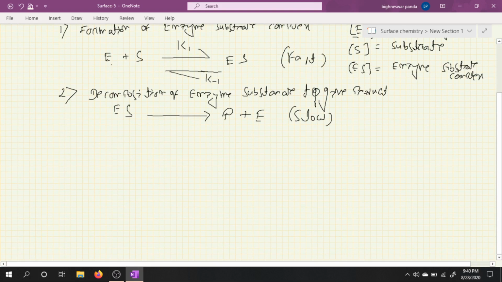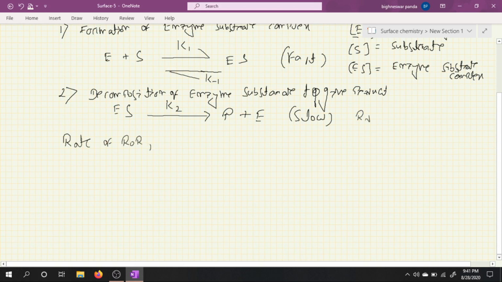So in the first step, enzyme reacts with the substrate to form enzyme substrate complex, and in the second step the enzyme substrate complex undergoes decomposition to form product and enzyme. The slow step involves the rate constant K2. So we have to determine the rate of reaction.